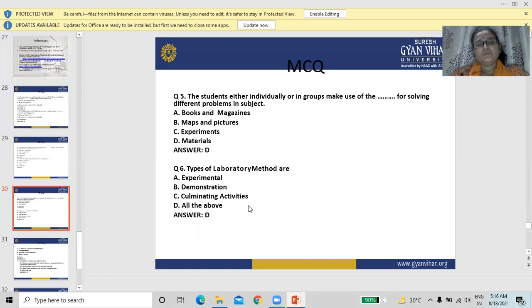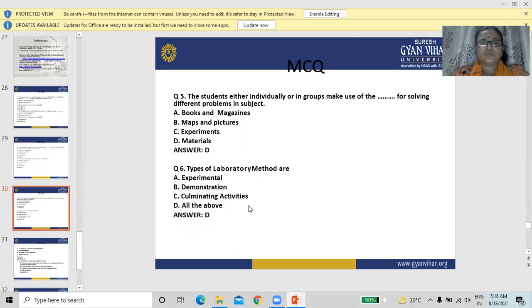Option B, maps and pictures. Option C, experiments. Option D, material. Correct answer is D, material. The students either individually or in groups make use of material for solving different problems in the subject.